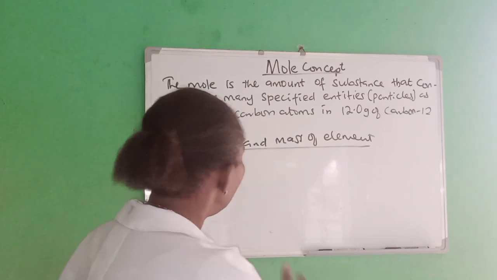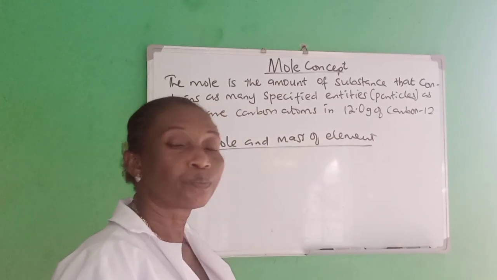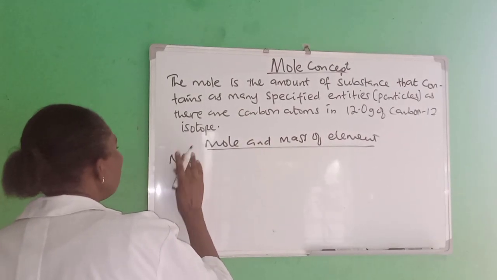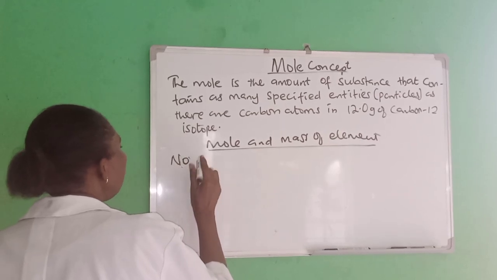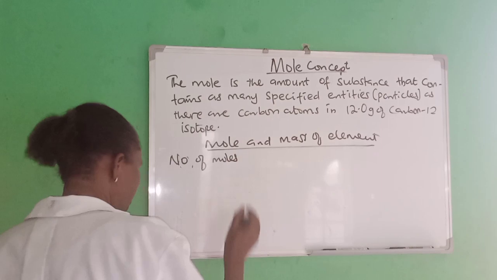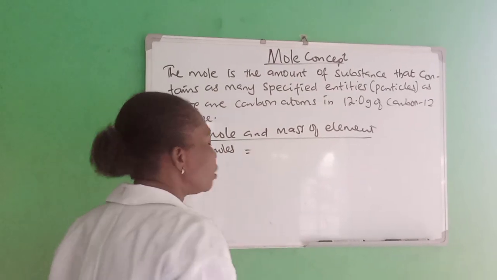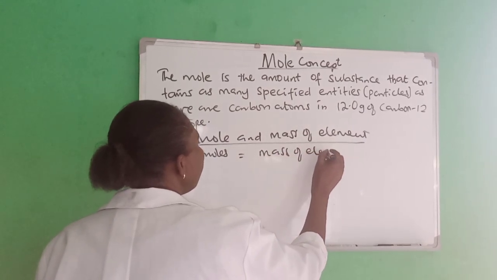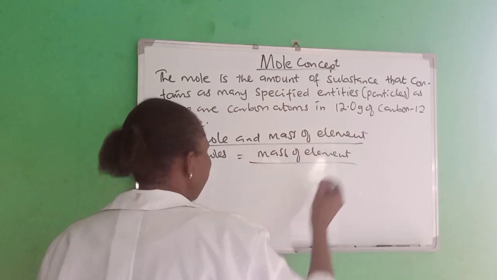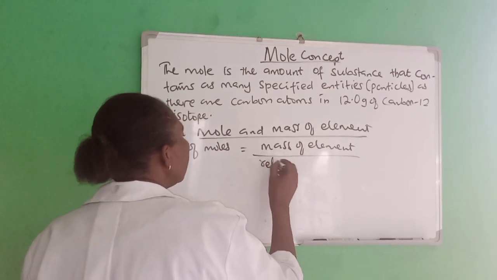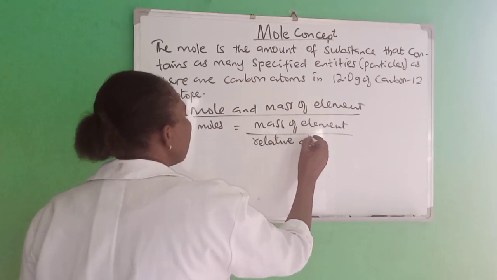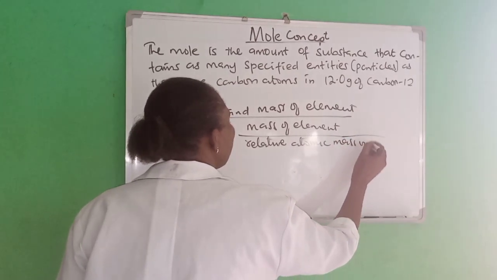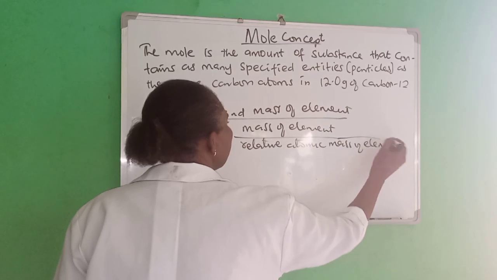Now, if you are determining the number of moles, the number of moles is given as mass of element divided by relative atomic mass of that element.